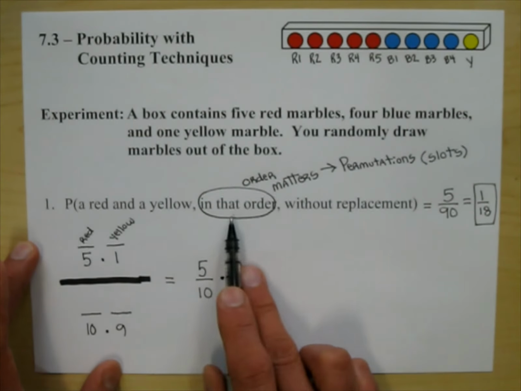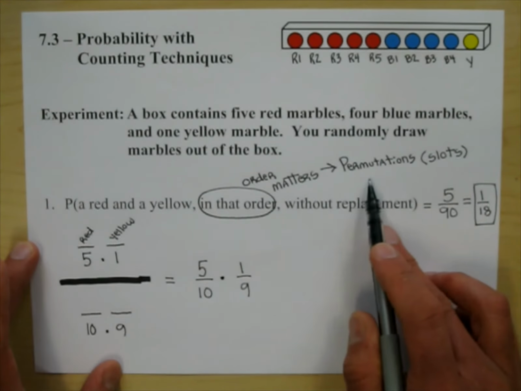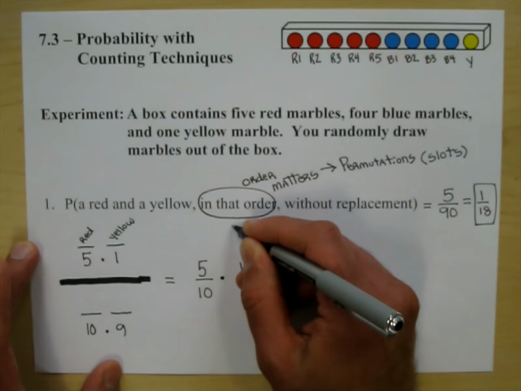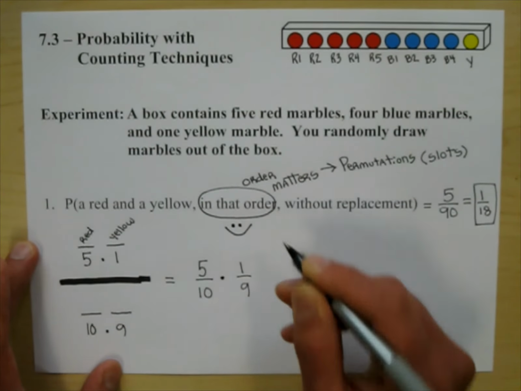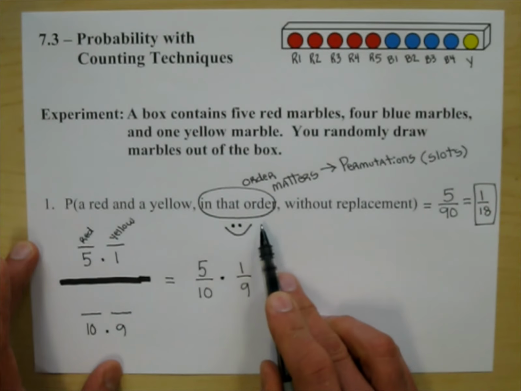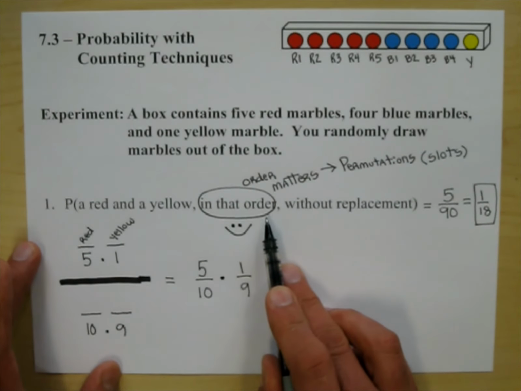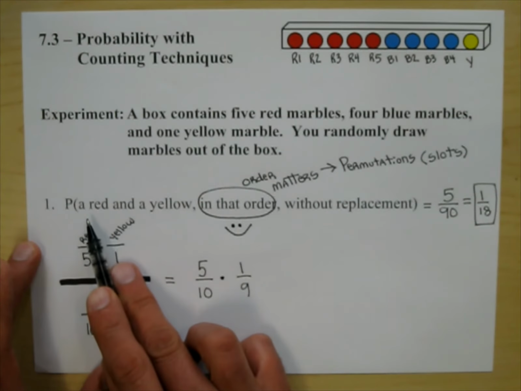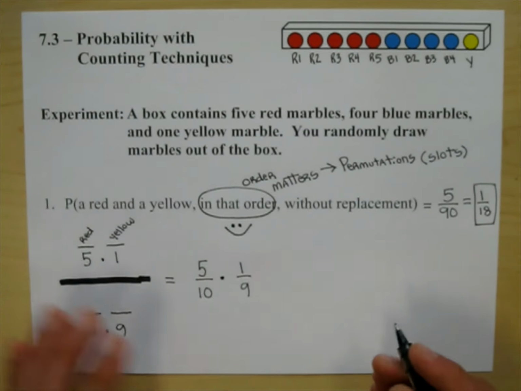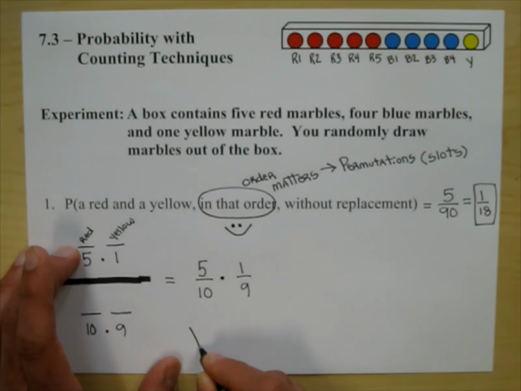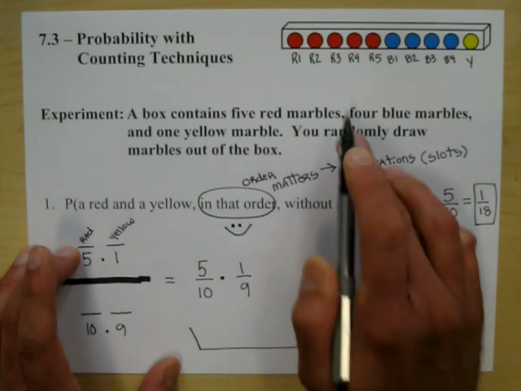When you get a problem like this, and it says in that order, it's a permutation, we're going to be very happy about this. So that's a happy face, because it says in that order, which means it's going to be a lot simpler than we think. So what you do is you say, okay, I want to pull out a red. So I might just go ahead and reproduce this down here.